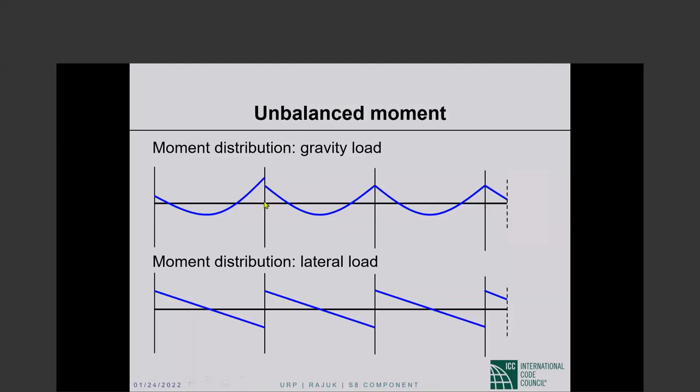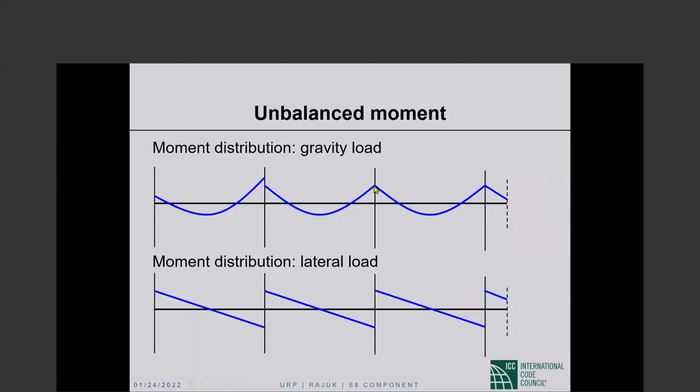At the first interior support, the bending moment to the left of the support is a bit larger than the bending moment to the right of the support. The difference between the two moments must be transferred from the slab to the column, and that is the moment transfer.